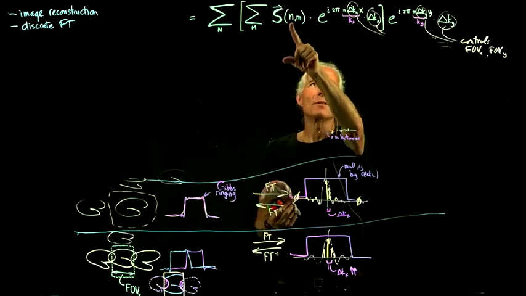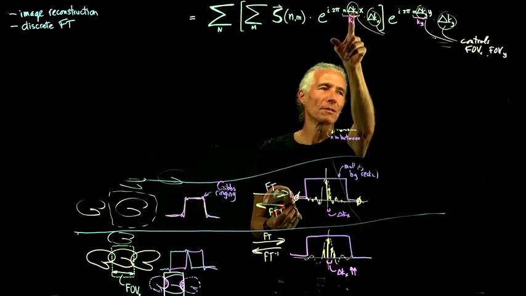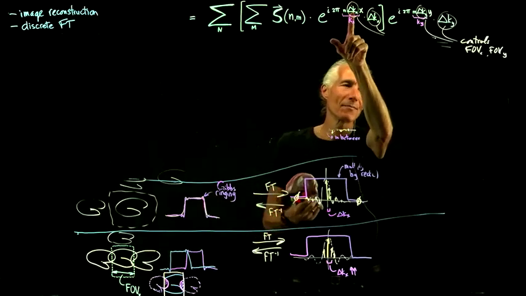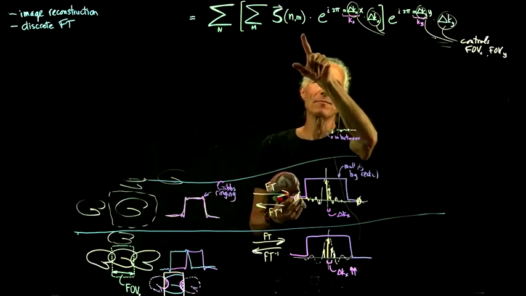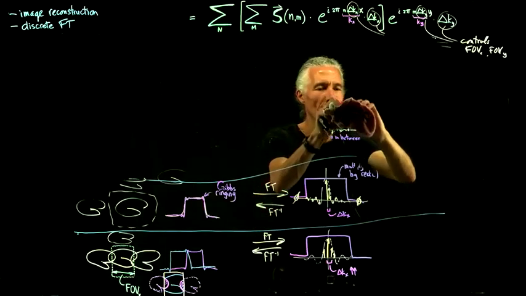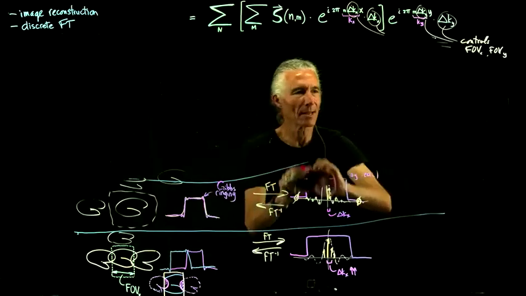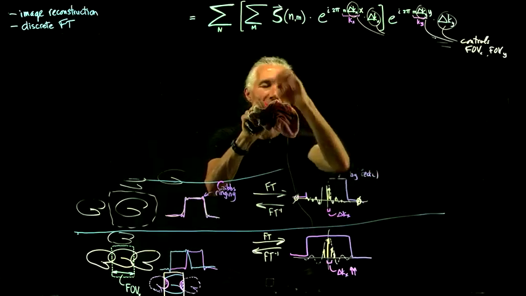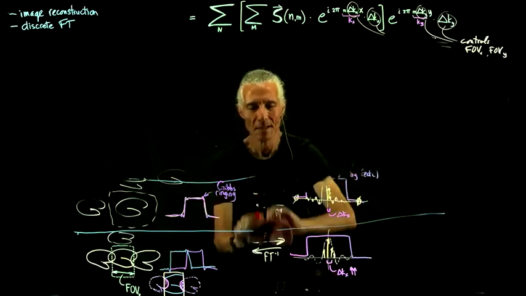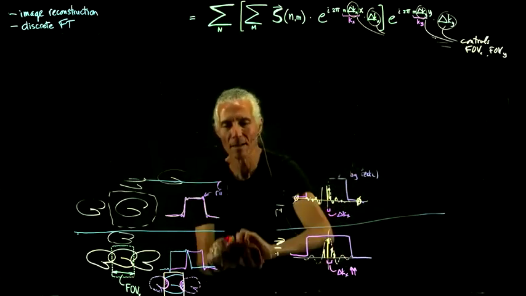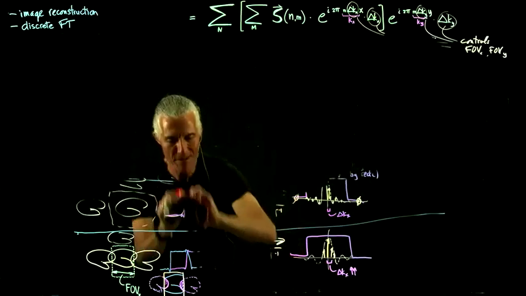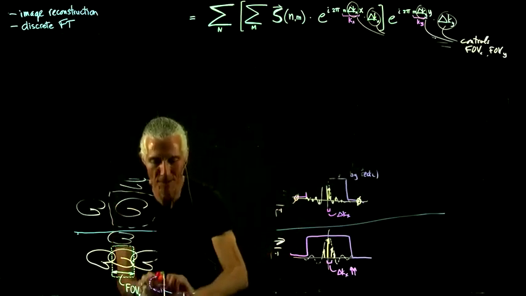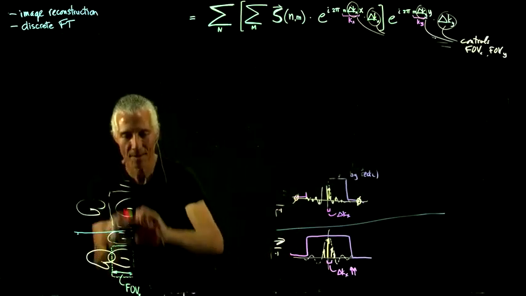The interval could be whatever you set here. So you could sample every half a spatial frequency, like 1, 1.5, 2, 2.5, but you're sampling at discrete points. So this sum is not an infinite sum. You're just picking out individual points out of the infinitely fine Fourier transform.